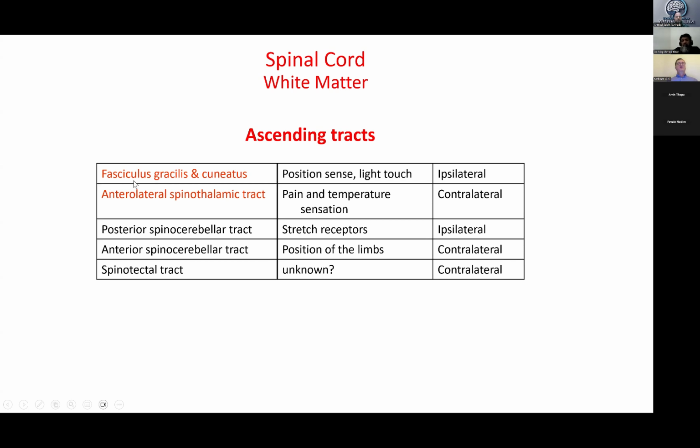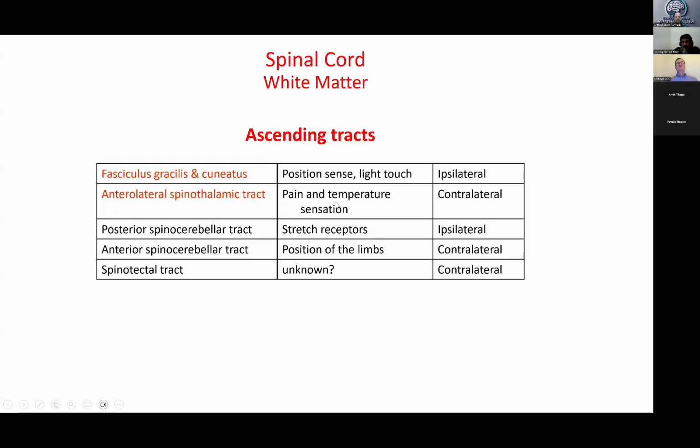As I mentioned before, fasciculus gracilis and cuneatus are the ascending tracts of position sense, and the spinothalamic tract is pain and temperature sensation. The dorsal column, or fasciculus gracilis and cuneatus, is ipsilateral.